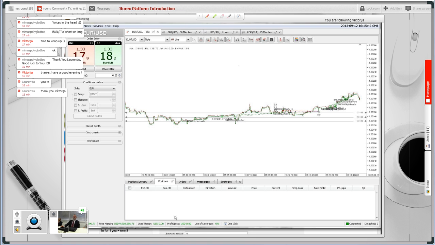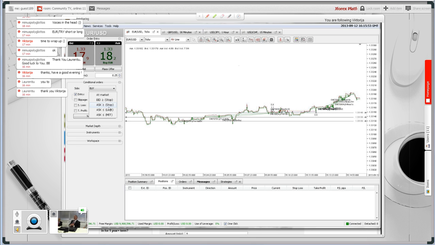What kind of other orders do we have? When we go in this entry orders, I can have a stop order on the bid curve or on the ask curve. I can there also choose what I want to do. I can select this kind of order to say, according to which curve will be touched first, I want the trade enter.